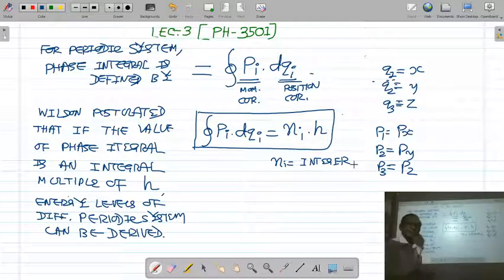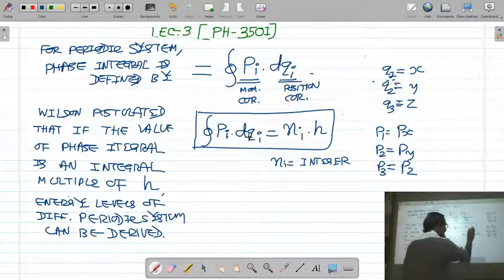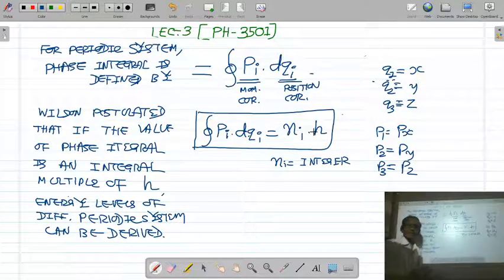Scientist Wilson postulated that if the value of the phase integral pi dqi is an integral multiple of Planck constant h, then you can calculate the energy levels of different periodic systems.